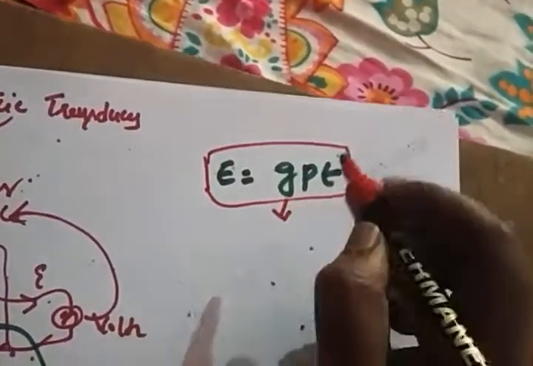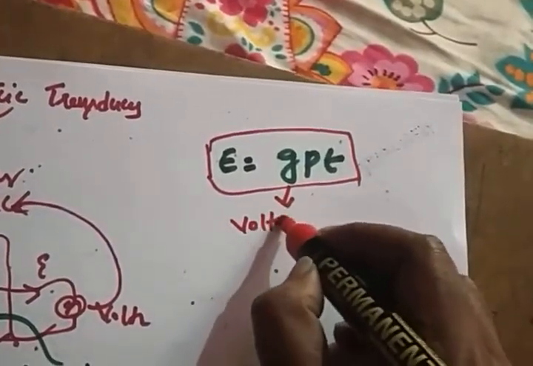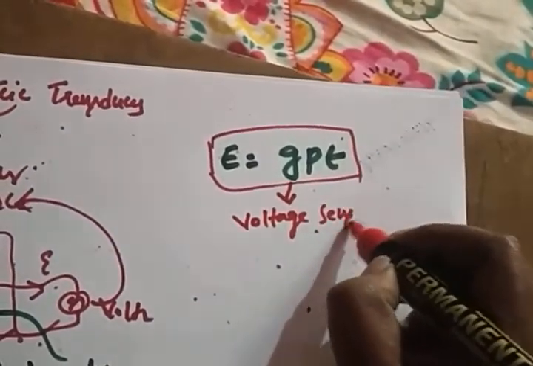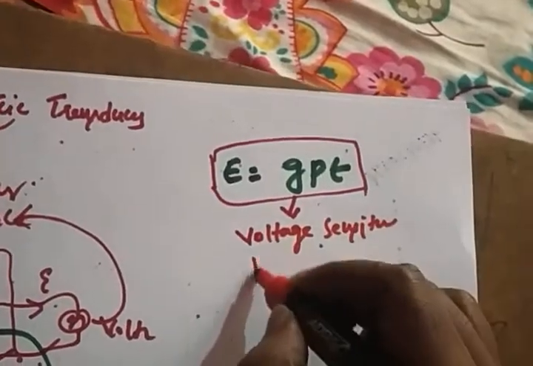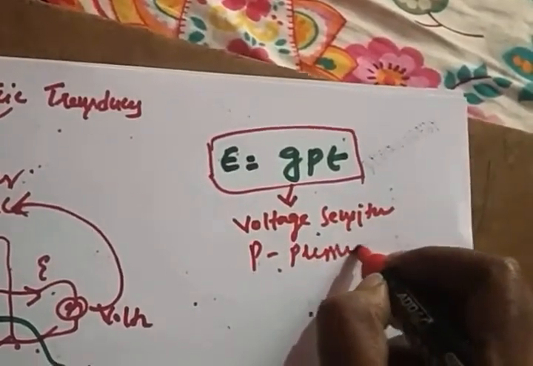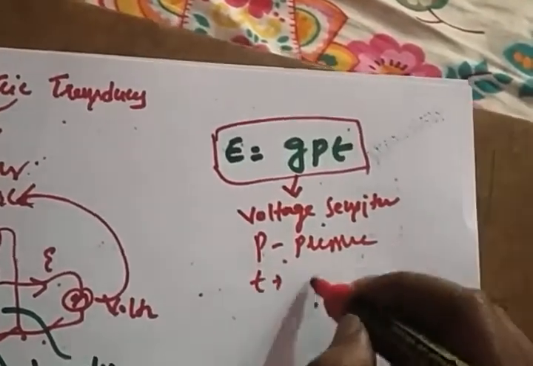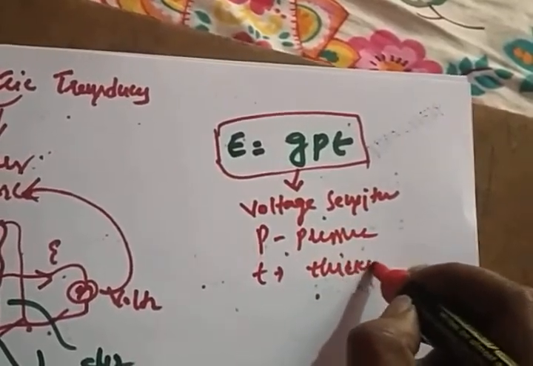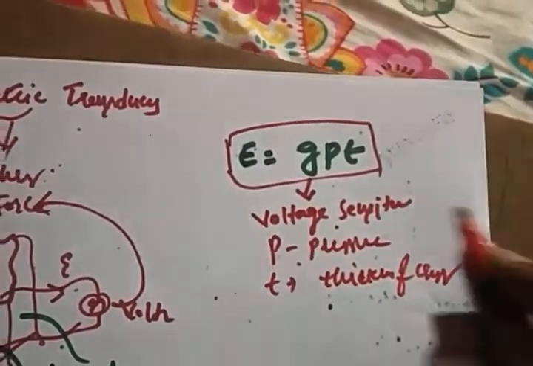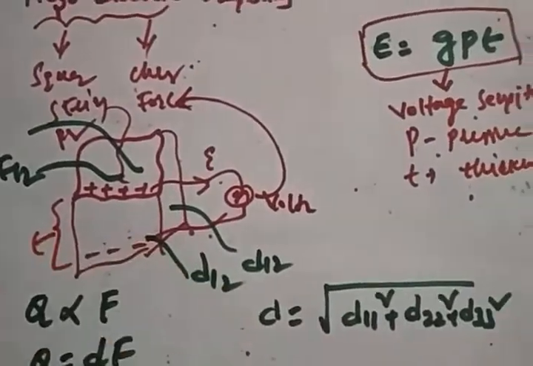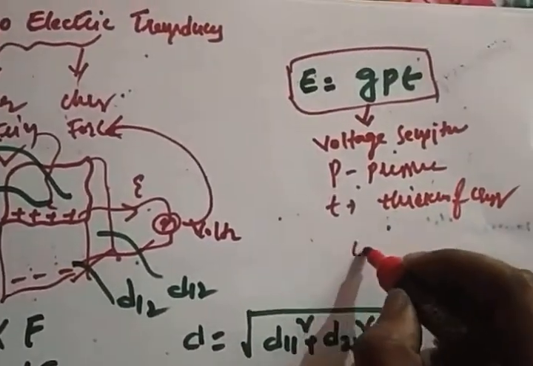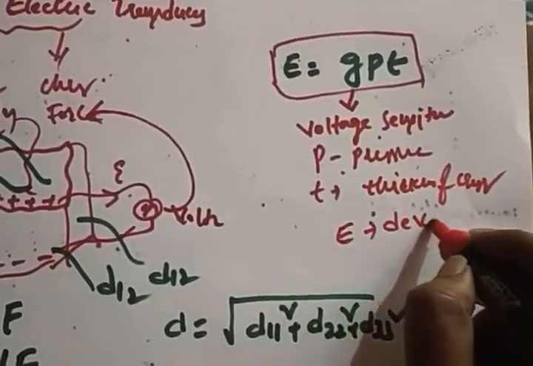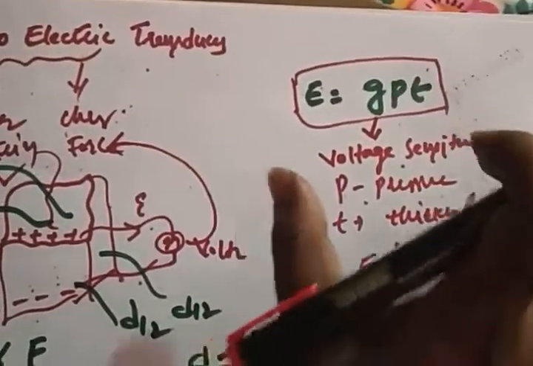Where g is nothing but voltage sensitivity, p is the pressure that you applied, t is the thickness of the crystal, and E is the developed voltage. This is a very, very important equation.